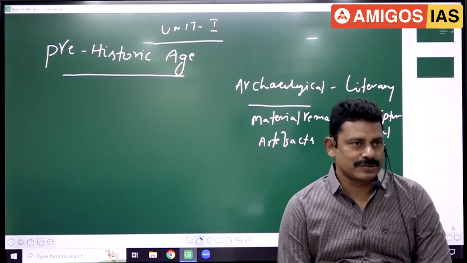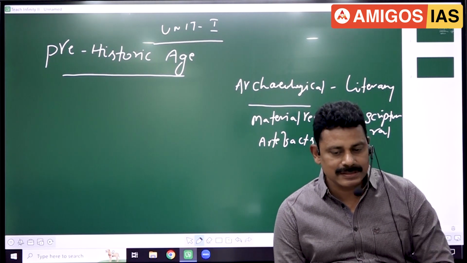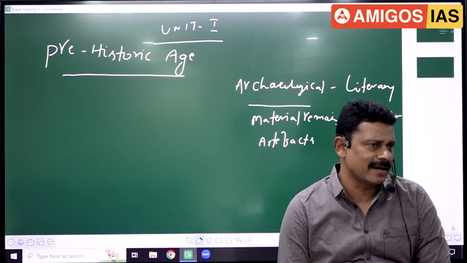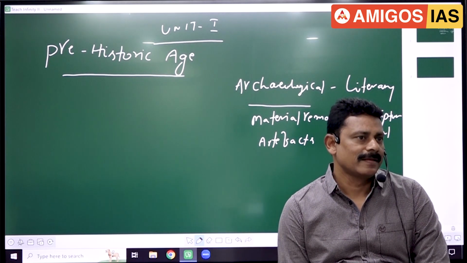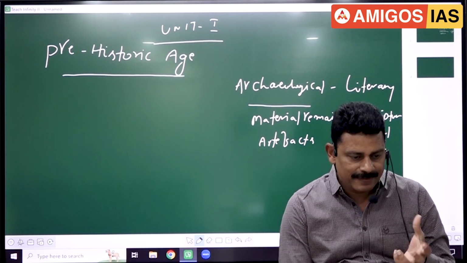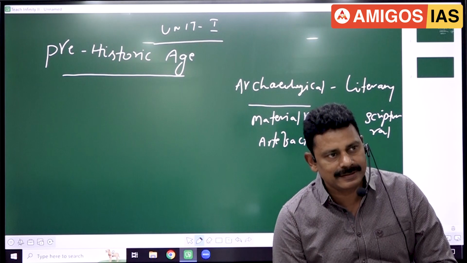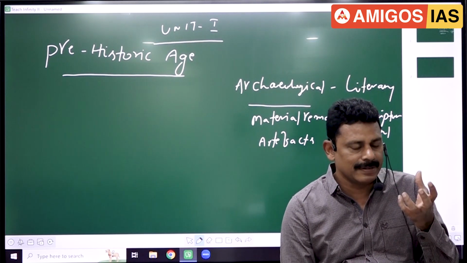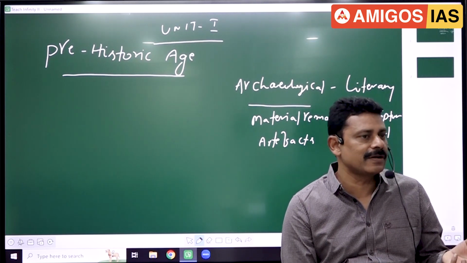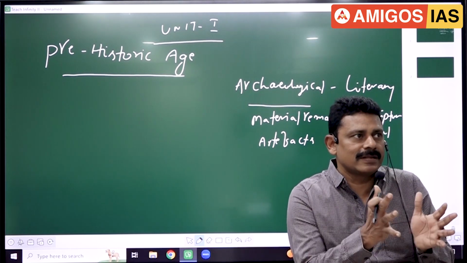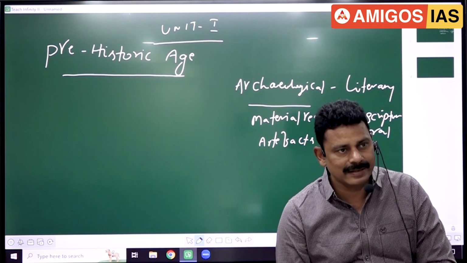What about prehistory? Prehistory has been divided into various stages again by the scholars, because we need to depend on the material remains used by the people. On the basis of the material remains used by the people in this particular age, there were further classifications of the prehistorical age.